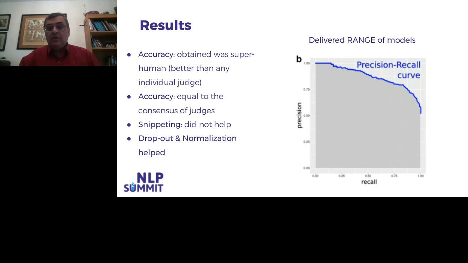So up here, in this precision recall curve, you would get things with high precision. That means we would send to the client a small set of documents, most of which were truly leadership quality, but we may be missing some, we may have low recall in some of the others. So for our application, they actually preferred the high recall and were willing to sacrifice precision for the higher recall.